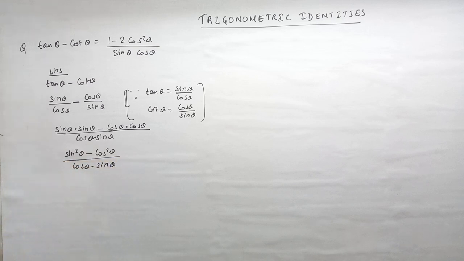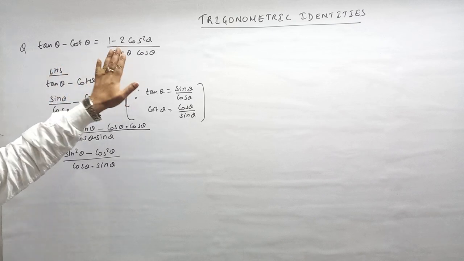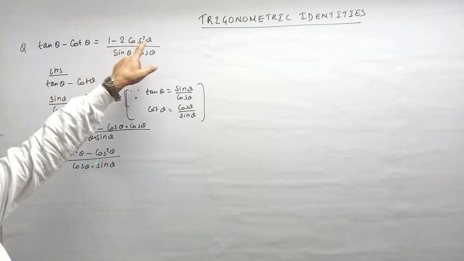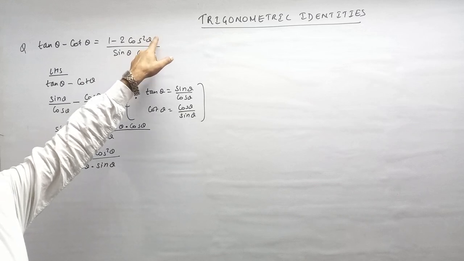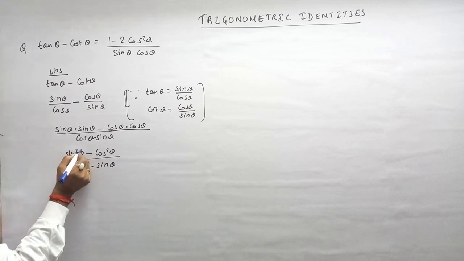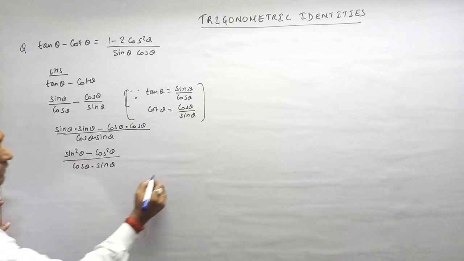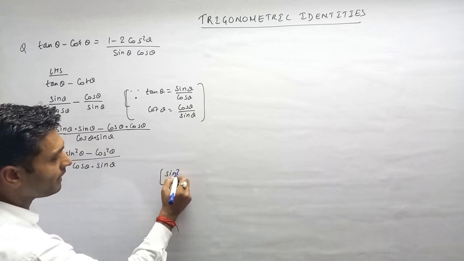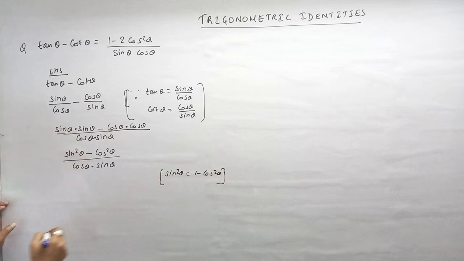theta. But now you see, what is the right hand side? The right hand side has cos in the numerator, it does not have sine. So what I'll do is I'll convert this sine in terms of cos, right? So we know that sine square theta is 1 minus cos square theta.